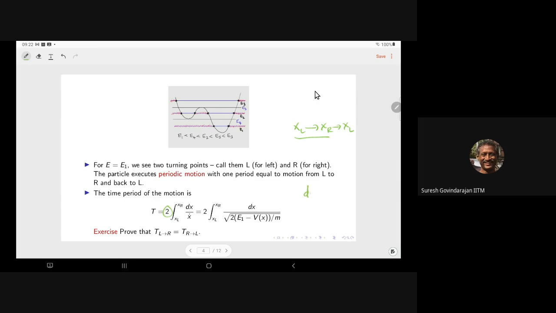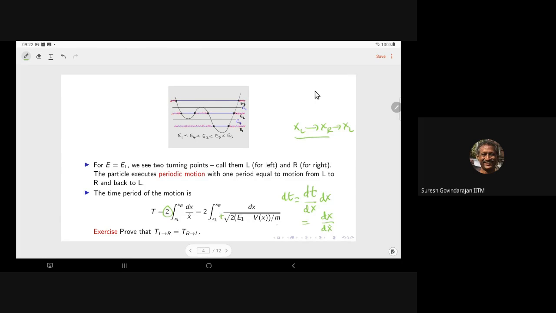How does this work? I write it like this. We have an expression for x dot, and since it's going from left to right, you choose the plus branch. If you're going from right to left, you choose the minus branch.